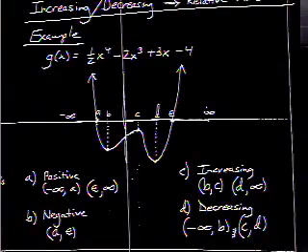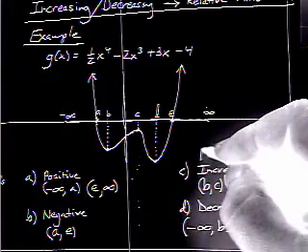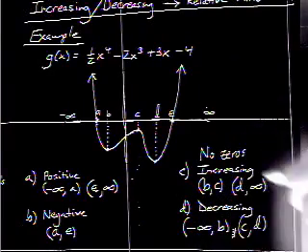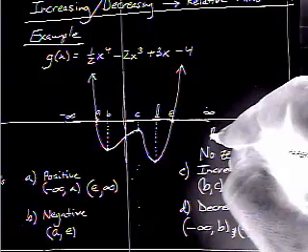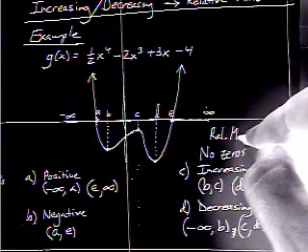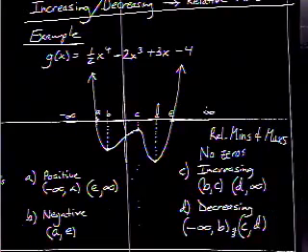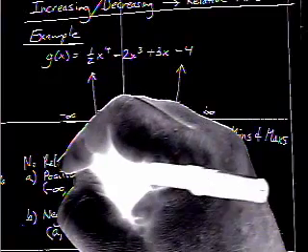Now I want you to notice something. As I wrote these different intervals, I have not used the zeros in any of these. These are all about relative mins and maxes. This one has no relative mins and maxes.